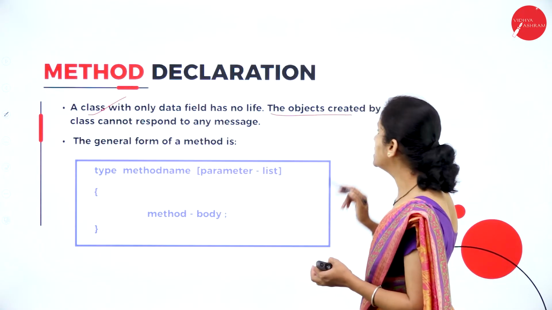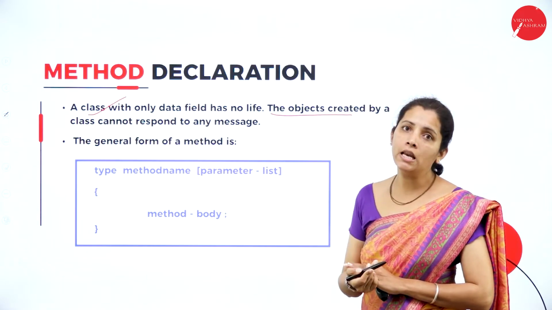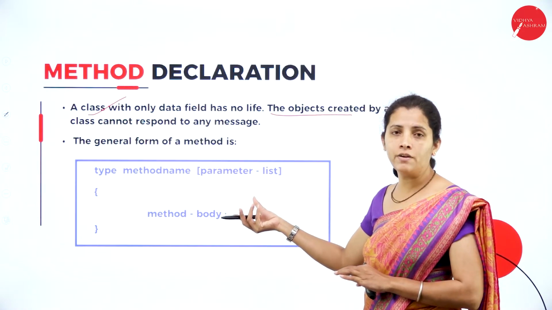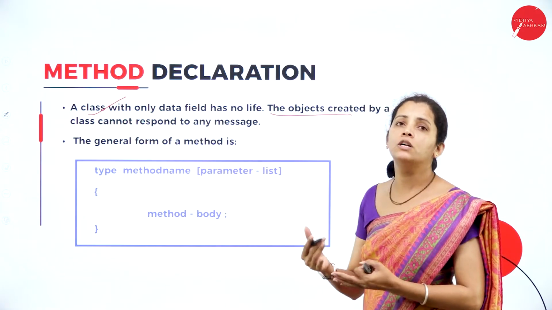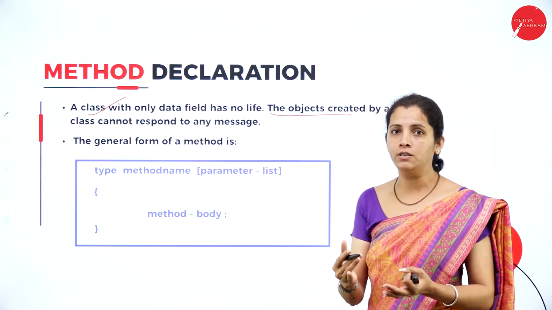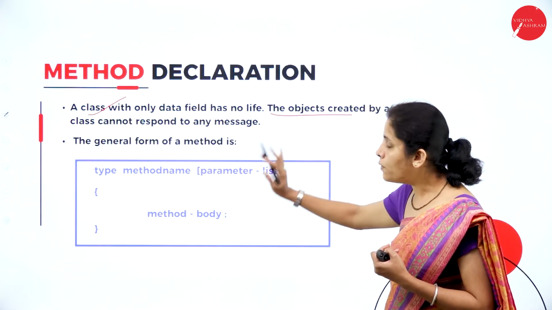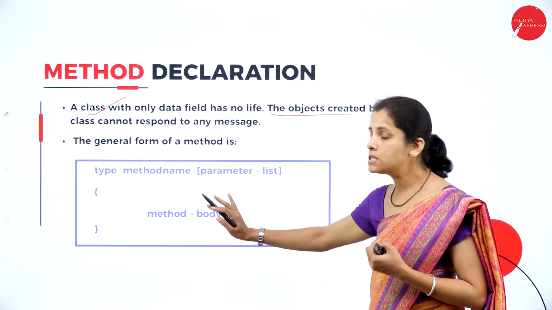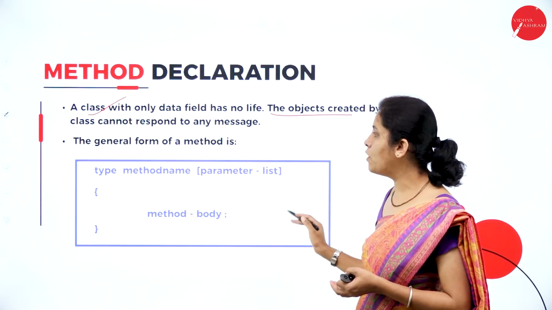The object created by a class cannot respond to any message. That means I have the data fields, but I'm not going to use those data fields. Then what is the need of creating an object? It is meaningless. So suppose if I have variables in my class, then I must have methods, and this is the general form.